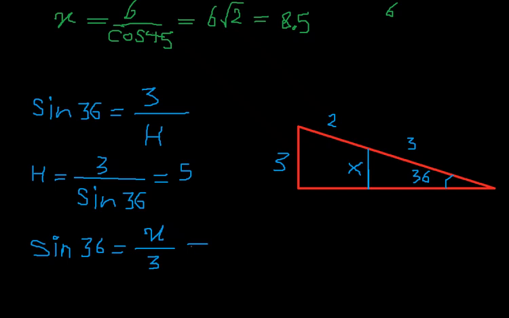So x would be equal to 3 times sine 36, which is 1.7, or maybe 1.8. So our x value here is equal to 1.8.